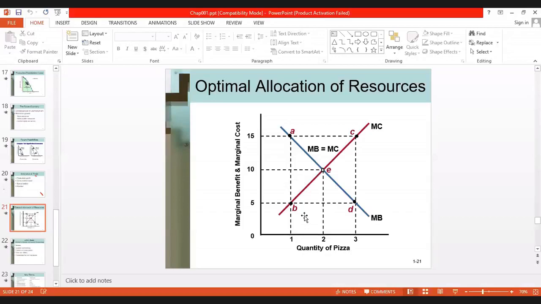That is the marginal cost. Where marginal benefit equals marginal cost, that is the quantity of pizza the society wants. Like this graph, we may have another graph for robo, with the marginal benefit of robo and the marginal cost of robo.